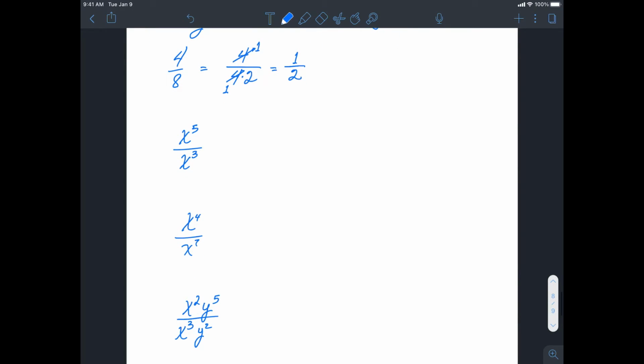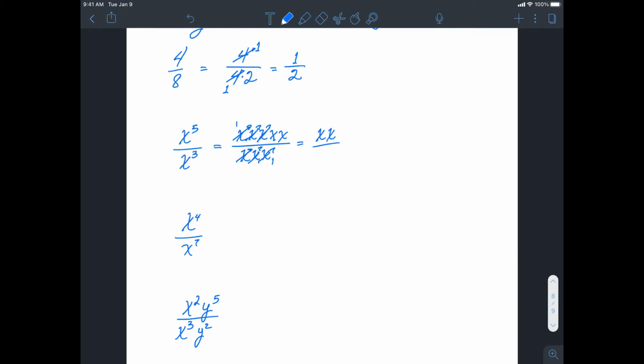Now with variables, it is very similar. So let's take x to the 5th over x to the 3rd. If we were to expand the numerator, there would be 5 x's. And if we were to expand the denominator, there would be 3. And we can divide out or reduce each pair from numerator and denominator, and we're left with 2 x's.